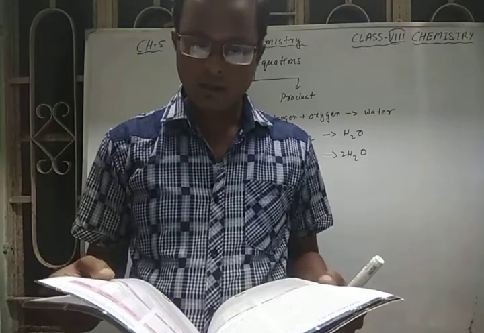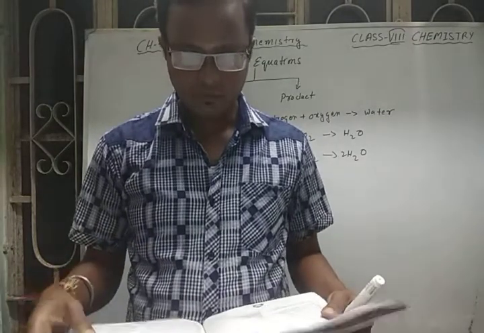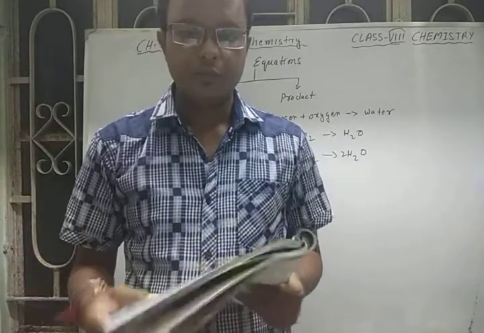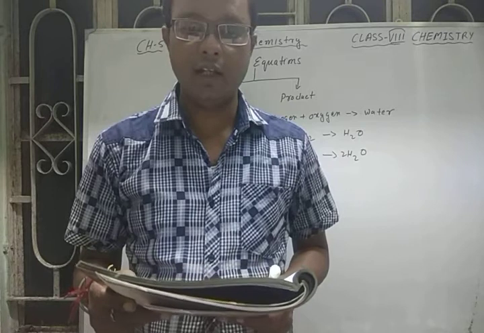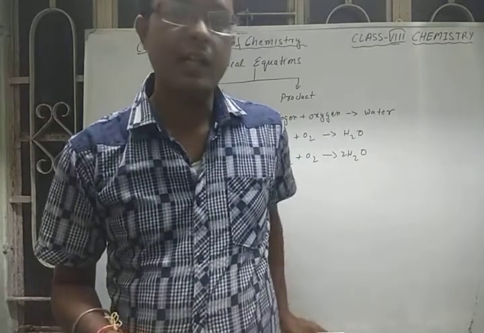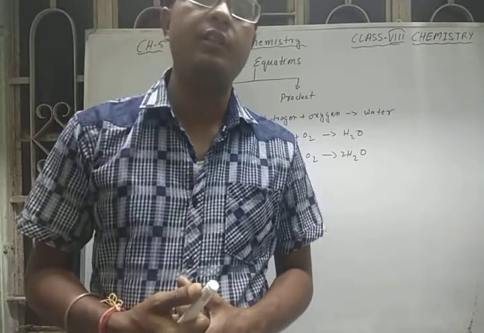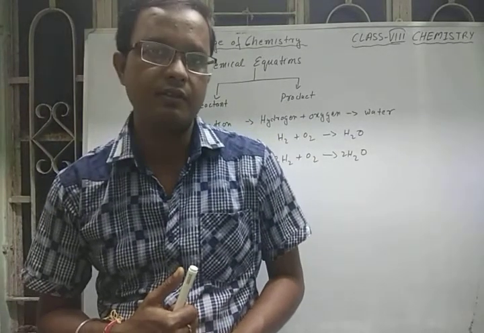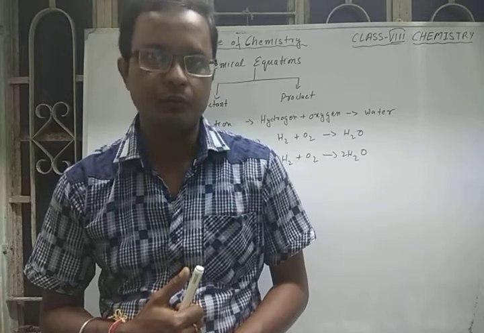In this regard, today I am going to give you some descriptions in the next part of the chapter, that is chemical equations and word equations. What are chemical equations? As you already know, in chemistry, when there is a chemical change, two or more things react with one another to give a new product.